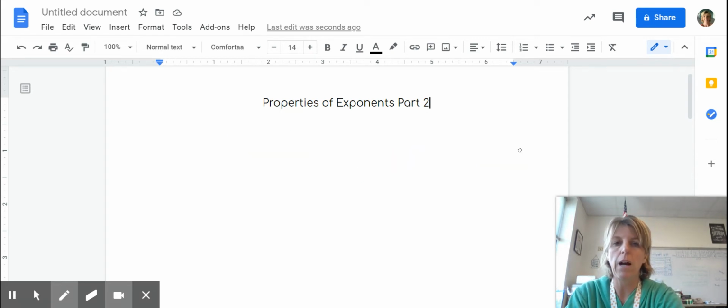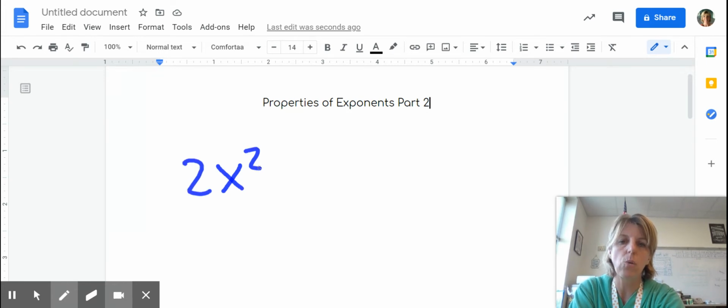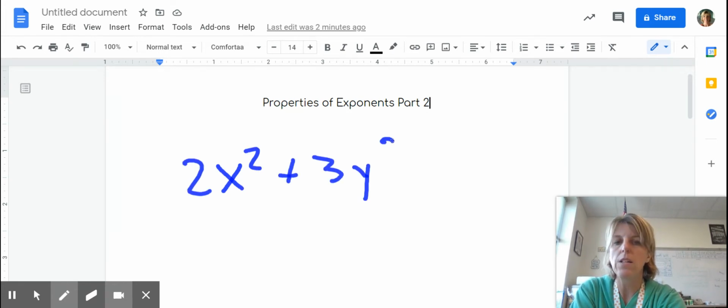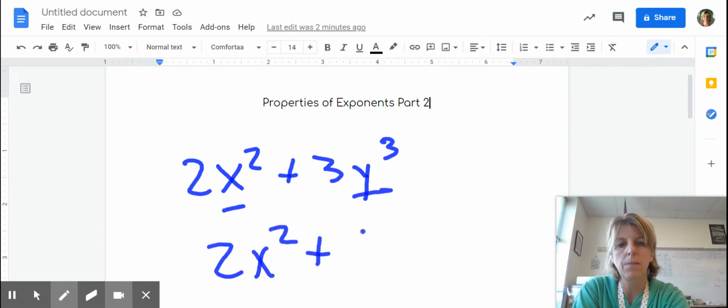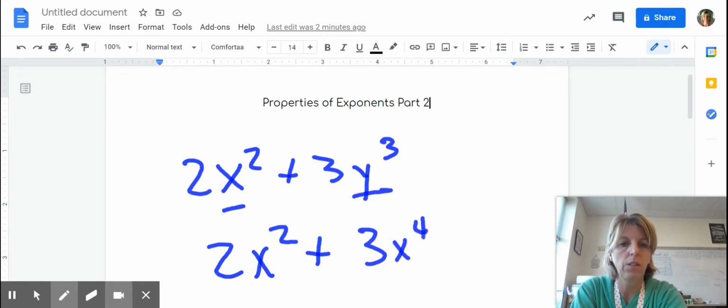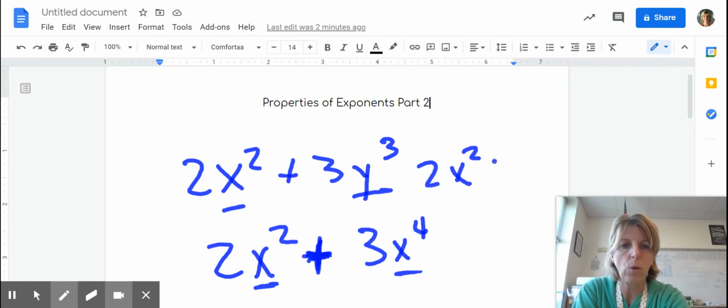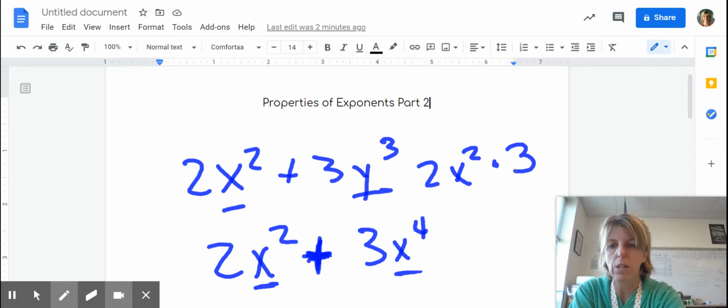We also talked about that if you have unlike things, if I had like 2x squared plus 3y to the third, x squared and y third are not the same thing. Or if I had like 2x squared plus 3x to the fourth, if I'm adding those, I have to add like things with like things, and those are not like things, so I cannot add them together.